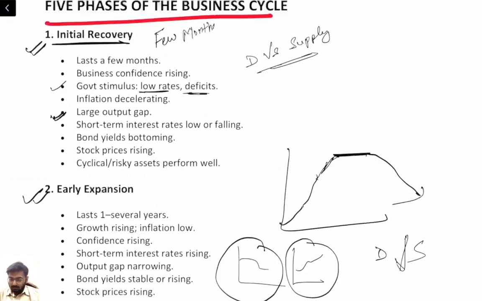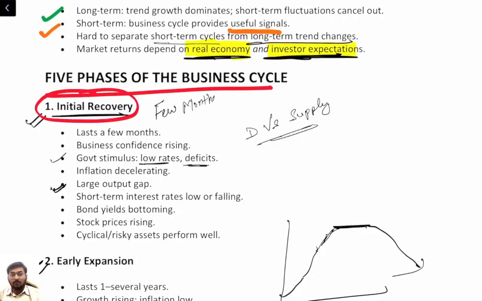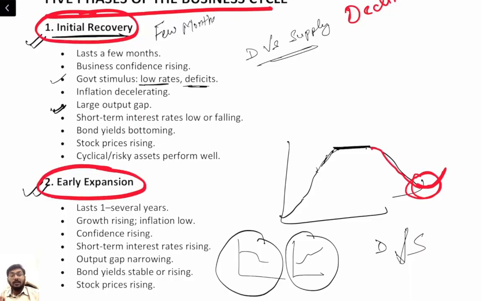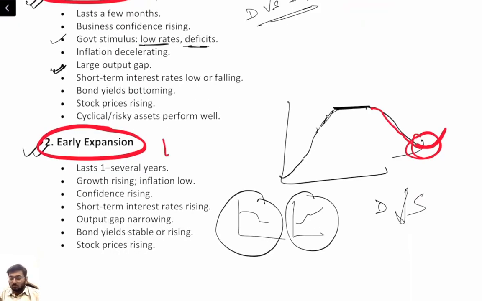So let us come to this point. When I am at the initial recovery, my inflation is initially declining. Clear? Because from here I am trying to reach over here, so inflation is declining. When I am towards the early expansion, inflation is low but economic growth is really good.